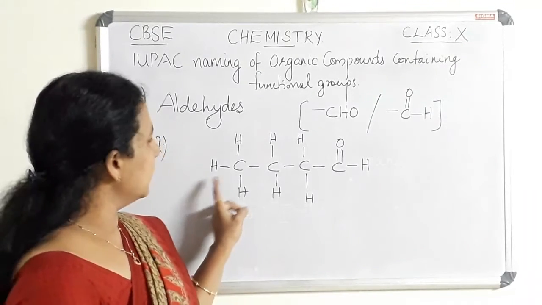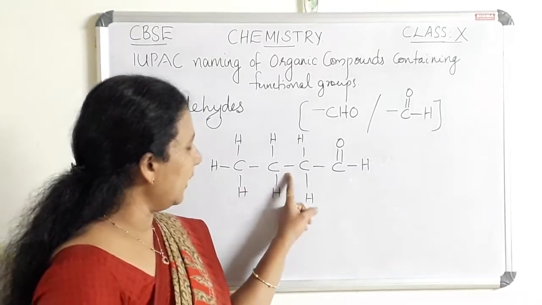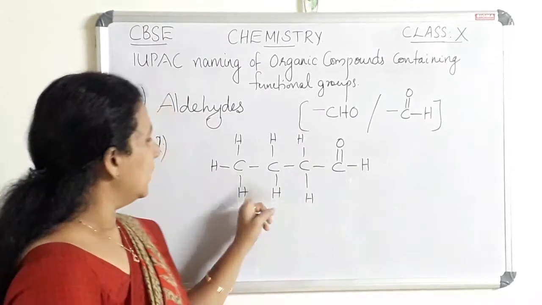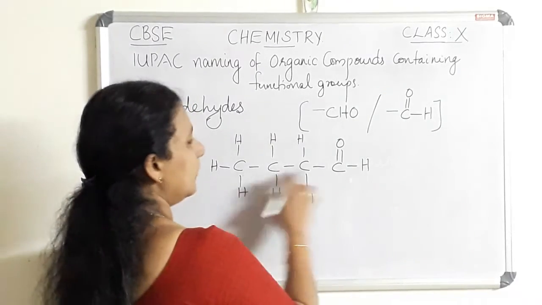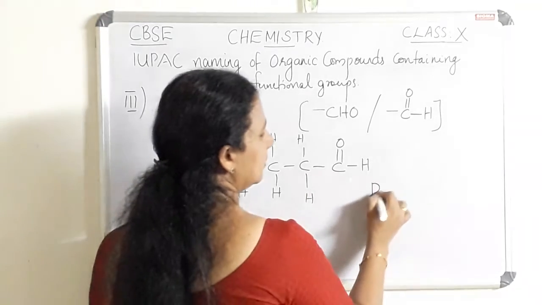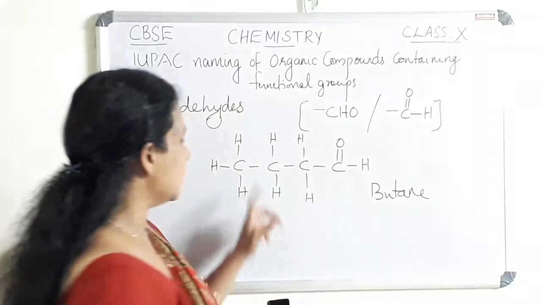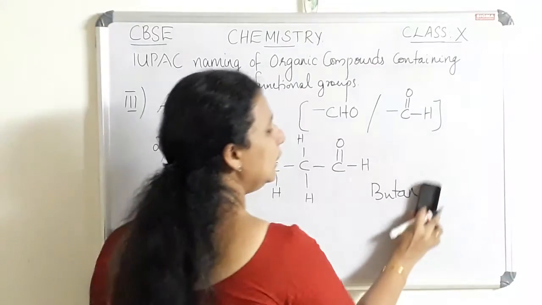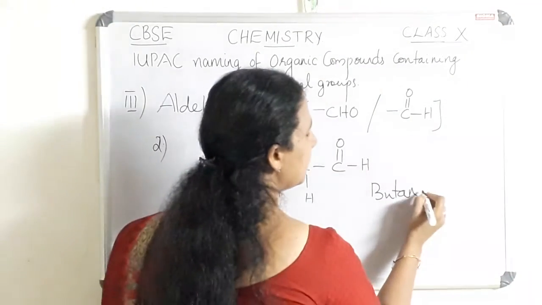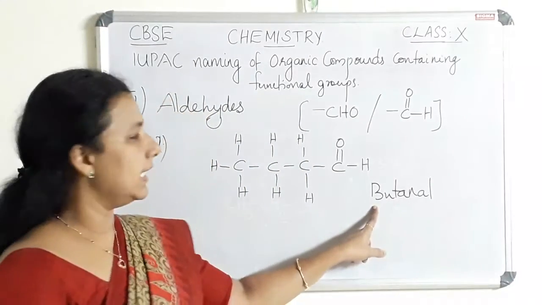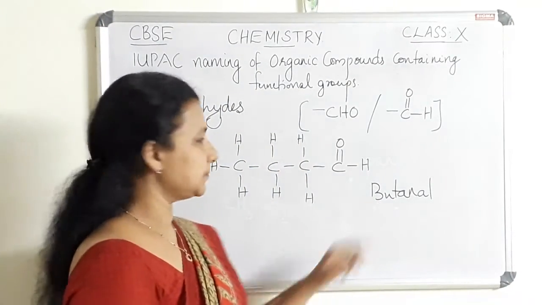For naming this, first of all, we have to count the number of carbon atoms, including the carbon of the functional group. Now there are 4 carbon atoms. So the parent alkane is butane, and the E of the parent alkane is replaced by Al. We will get the IUPAC name as butanal.